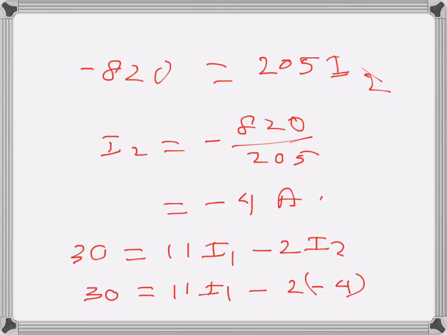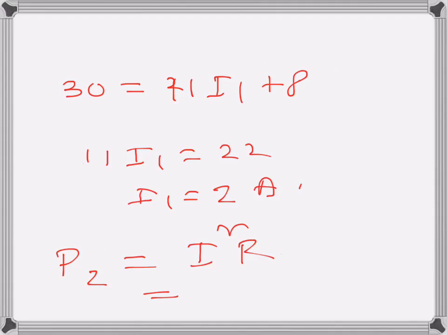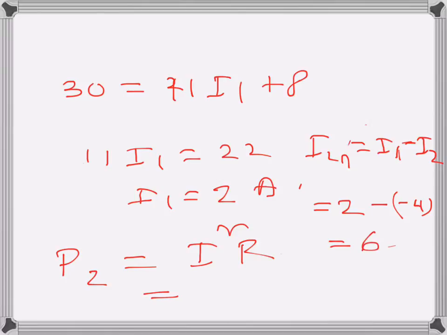So the current through the 2 ohm resistor will be I1 minus I2. I1 is 2 and I2 is minus 4, so it becomes 6 amps in the downward direction.